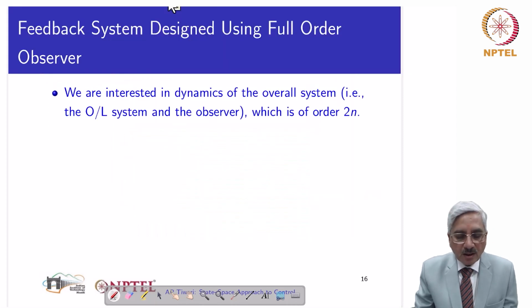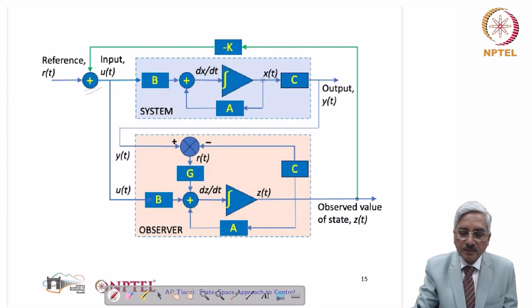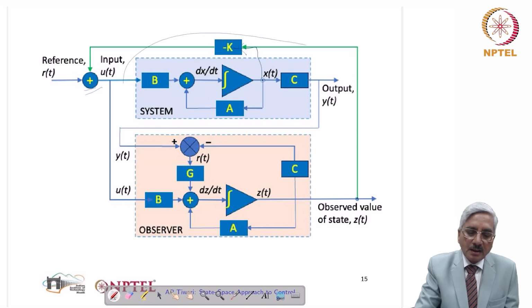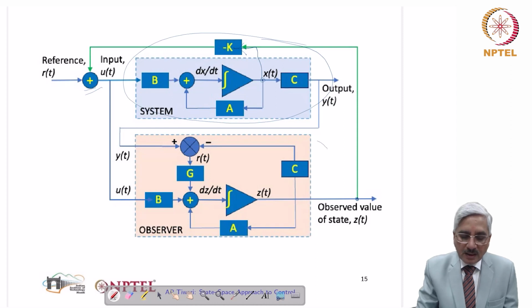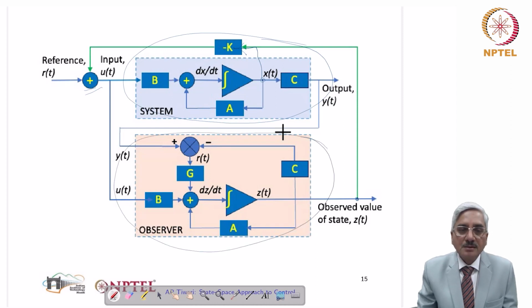So how the overall dynamics is, that we are going to see. See, we know that if it was fed here, the overall dynamics will be characterized by A minus BK. And we know that this has some dynamics for which we designed the gain G here.